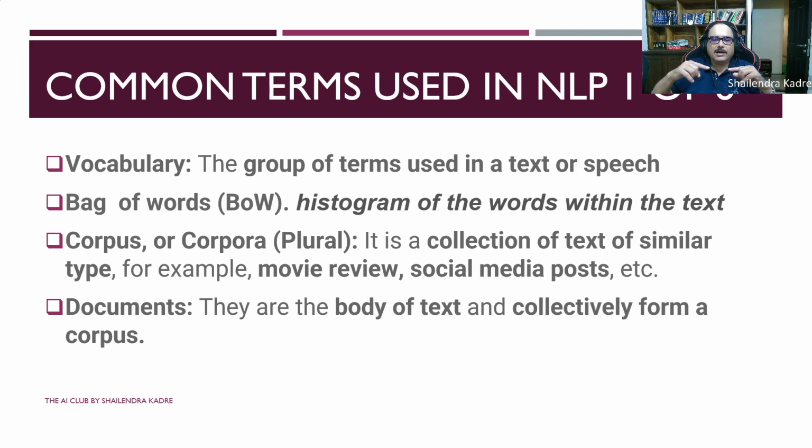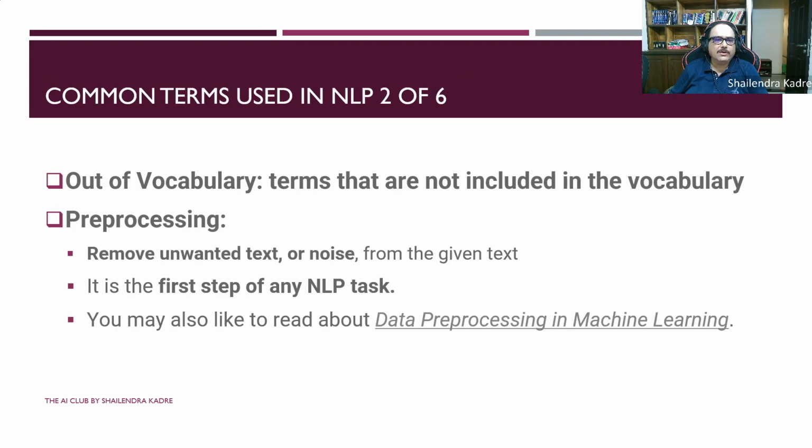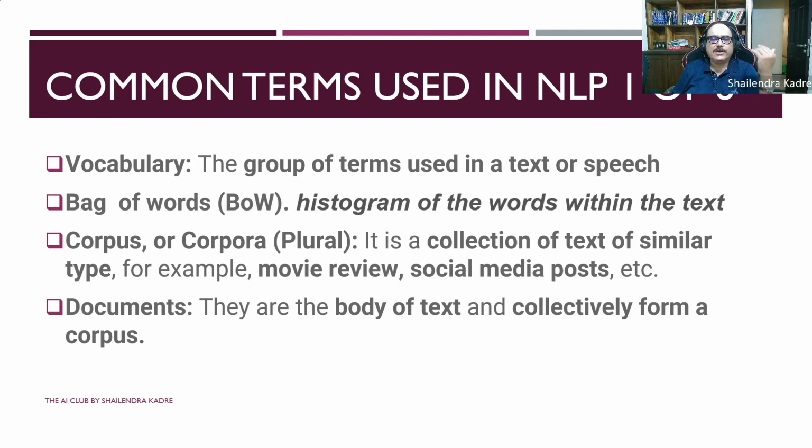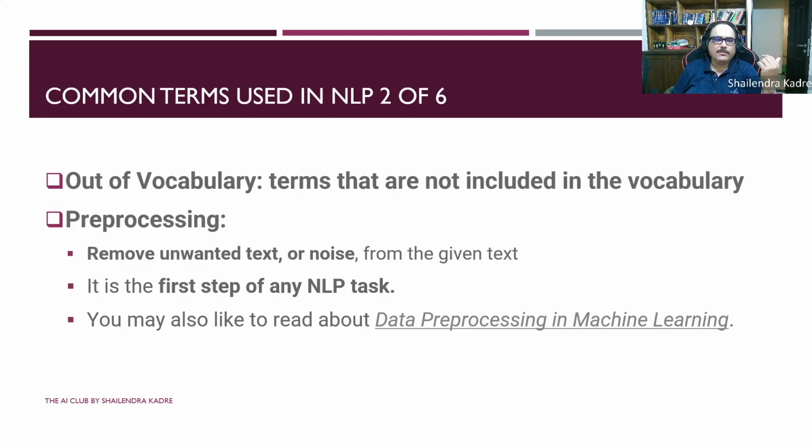If we collect a lot of documents, they form a corpus. If anybody has any question, you can stop me there. Out of vocabulary is very clear: if a term is not in my vocabulary, it is called out of vocabulary.